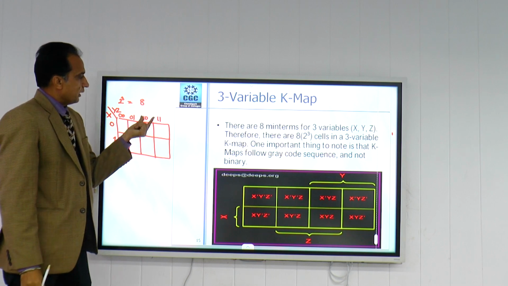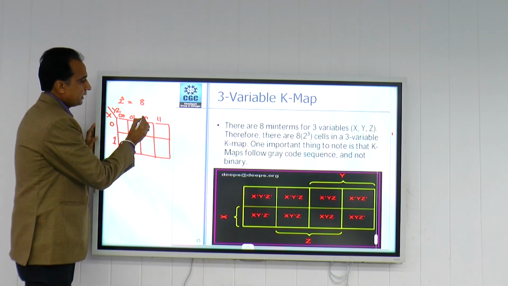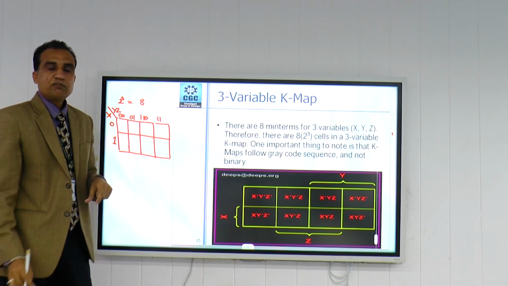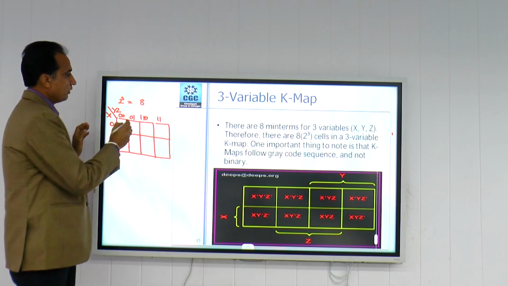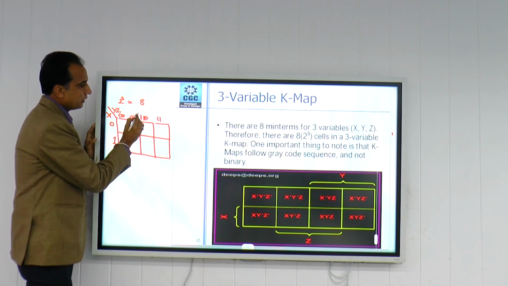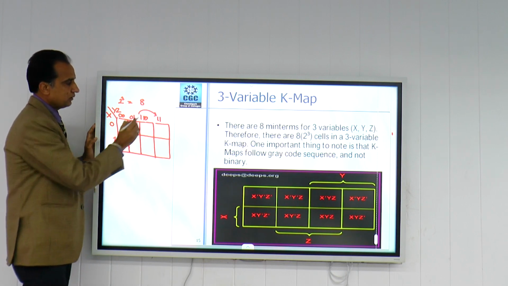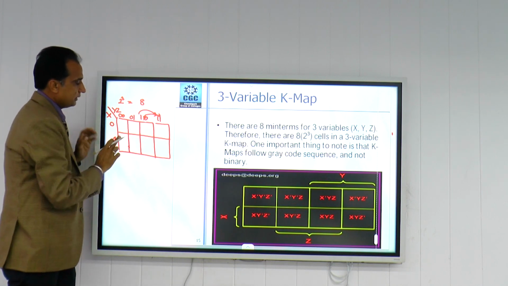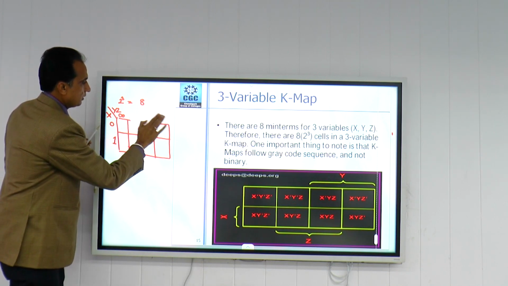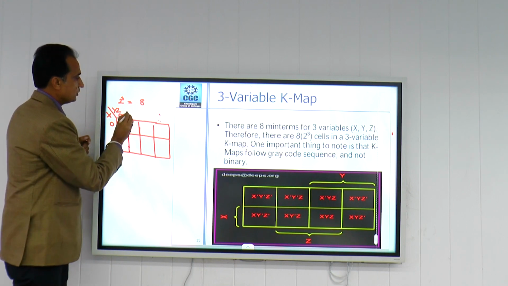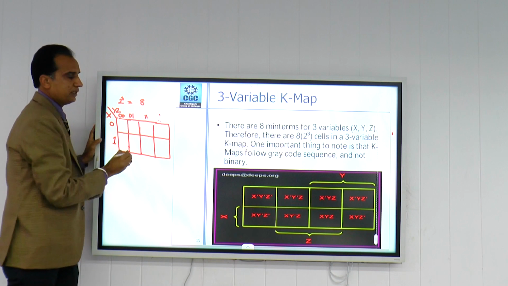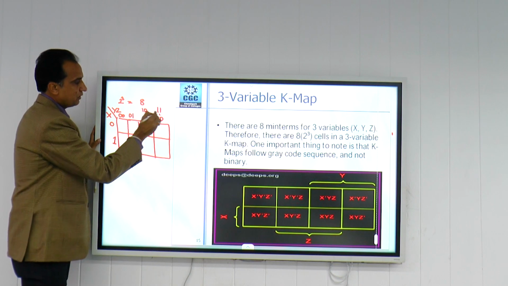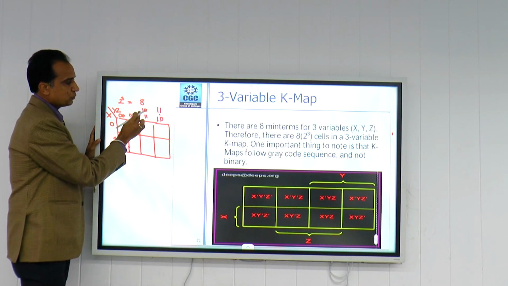Now in this case, there is a condition in the K-map that adjacent boxes should differ by only one variable. If I write 1 0 and 1 1, compare these two values.